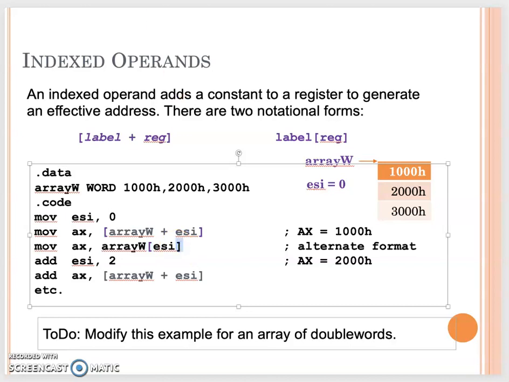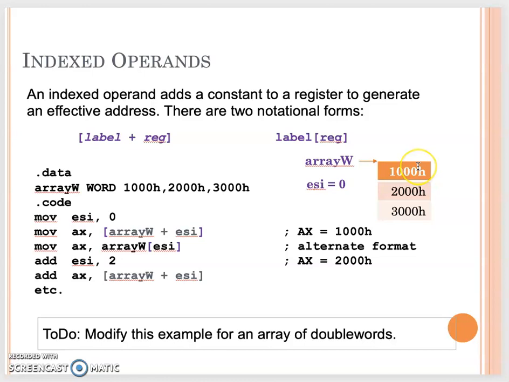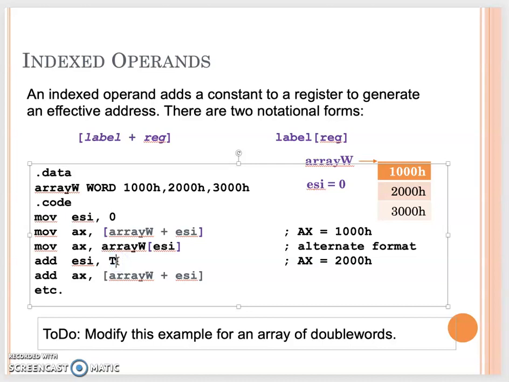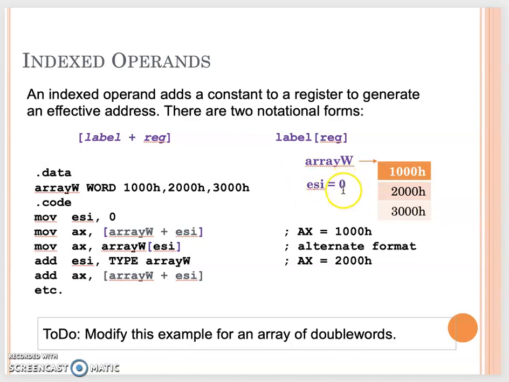So here your AX just equals 1000. Now we add 2 to ESI, but here it's better to write type. We use TYPE array W, so that's 2. Afterward, you see your ESI increments by 2.